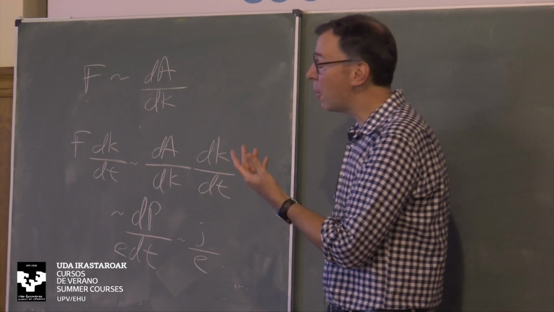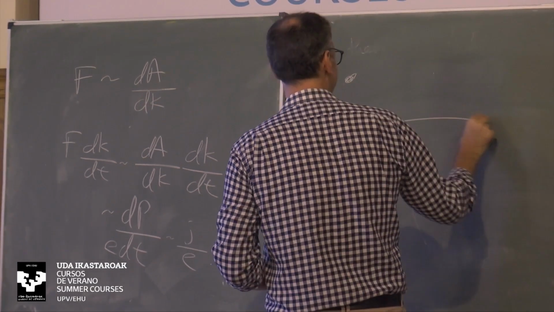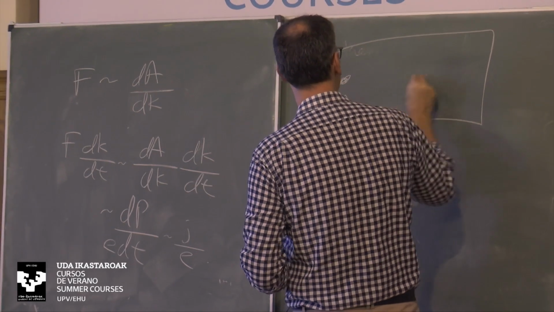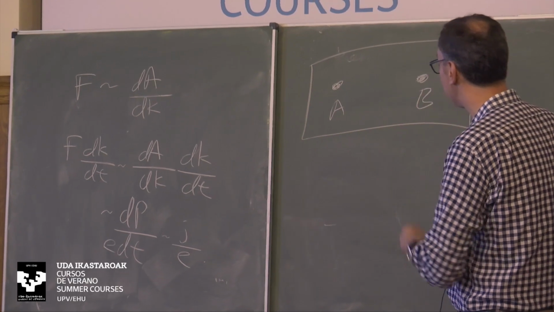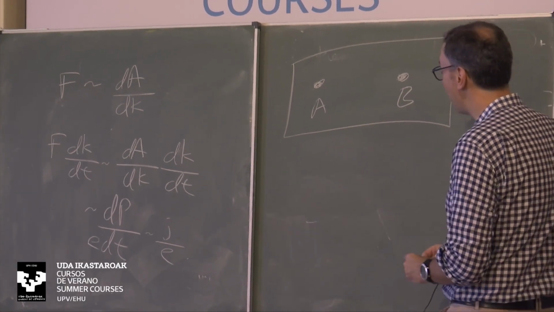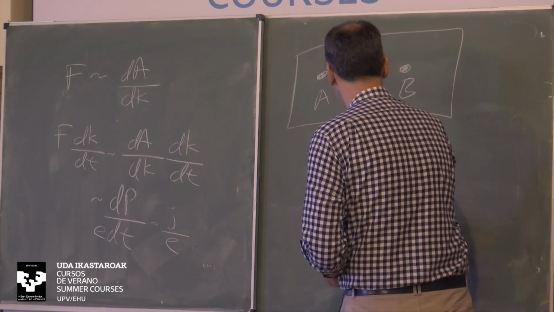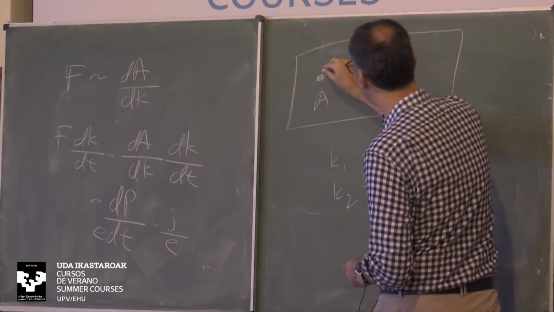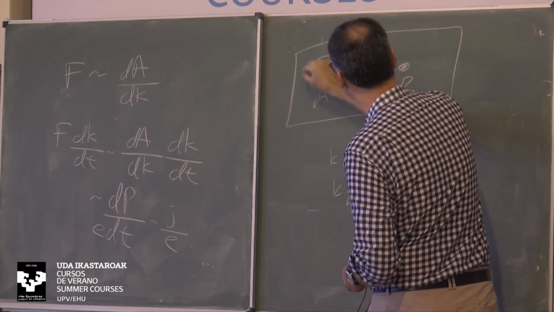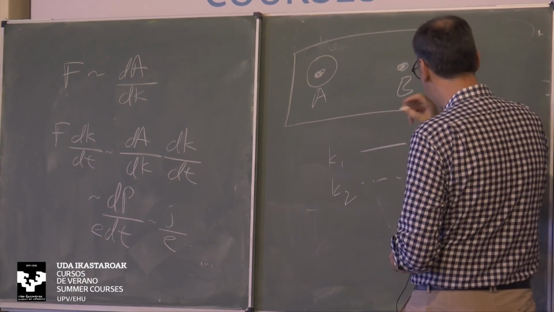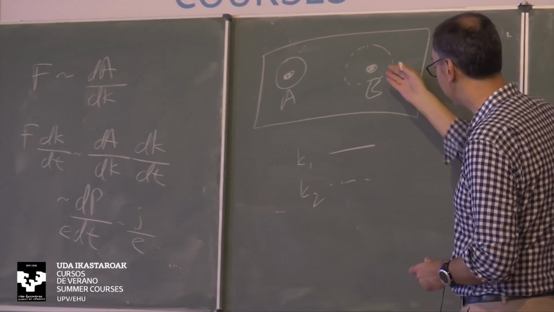Suppose I've got a unit cell with two atoms in it, A and B, and they sit at different points in the unit cell. Then maybe at momentum k1, the electron Bloch state, the U sub k, is mostly sitting around here. And maybe at momentum k2, the electron Bloch state is mostly in a different orbital sitting around there.